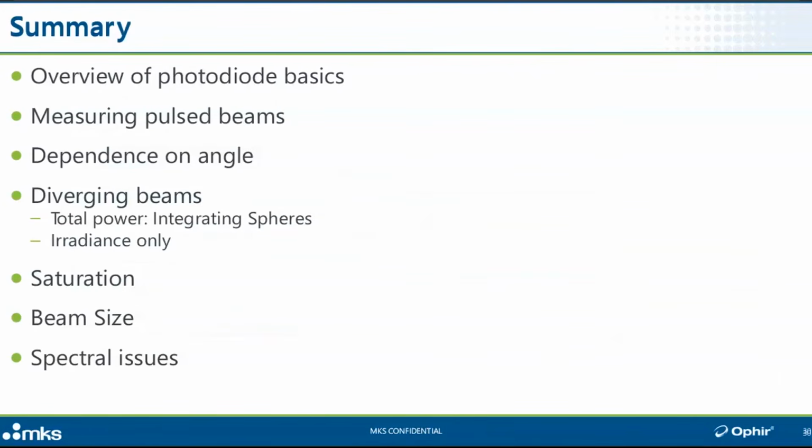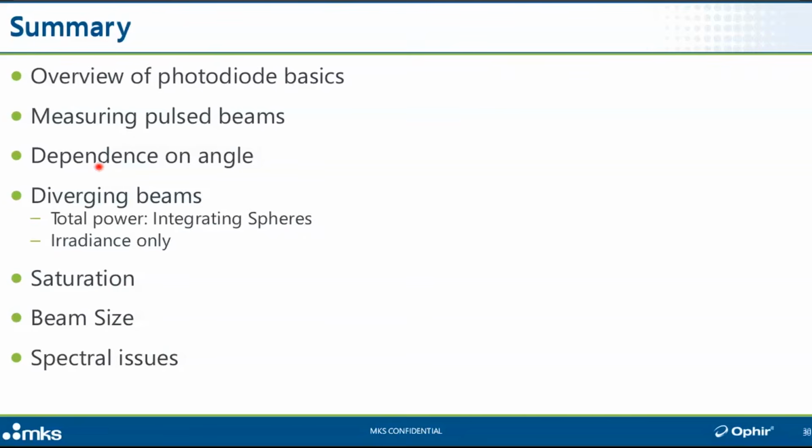Okay, so in summary, we did a very, very brief overview of the basics. And then we looked at a bunch of different issues and the challenges that they present and the tricks that are often used. Sometimes I gave you a few tricks that are specifically Ophir tricks, but I also shared some solutions that are out there for all these different issues.